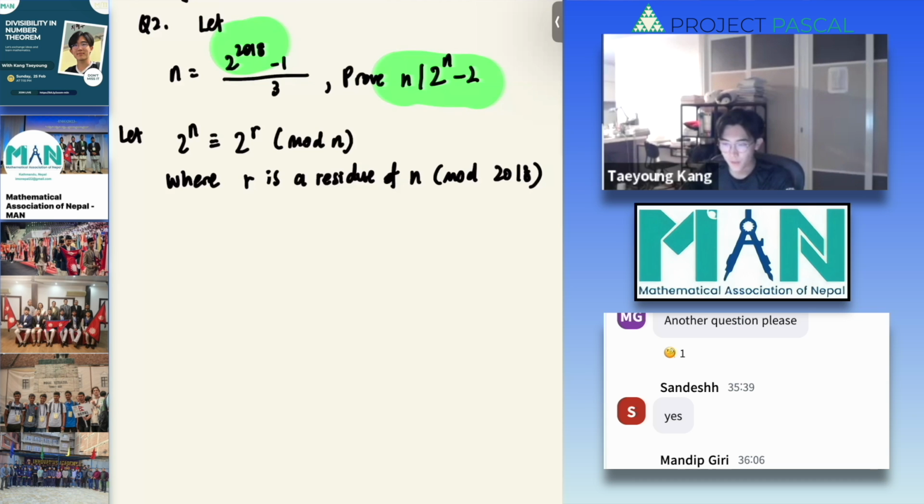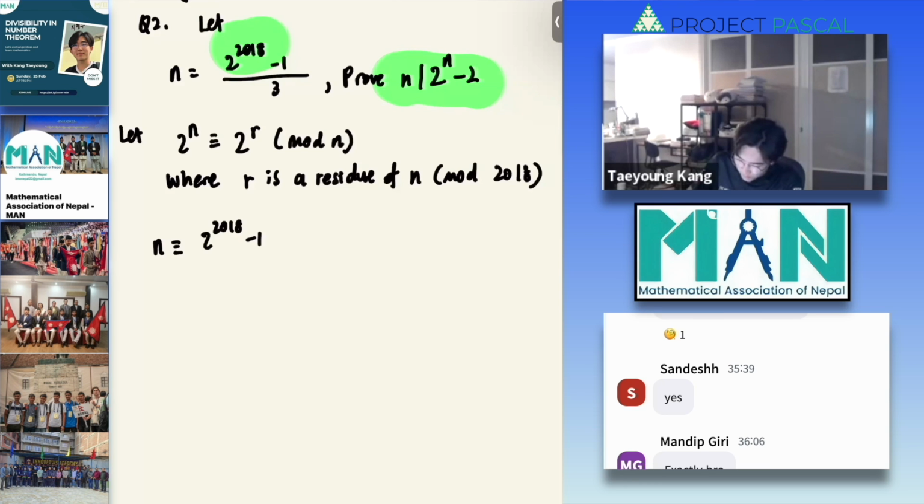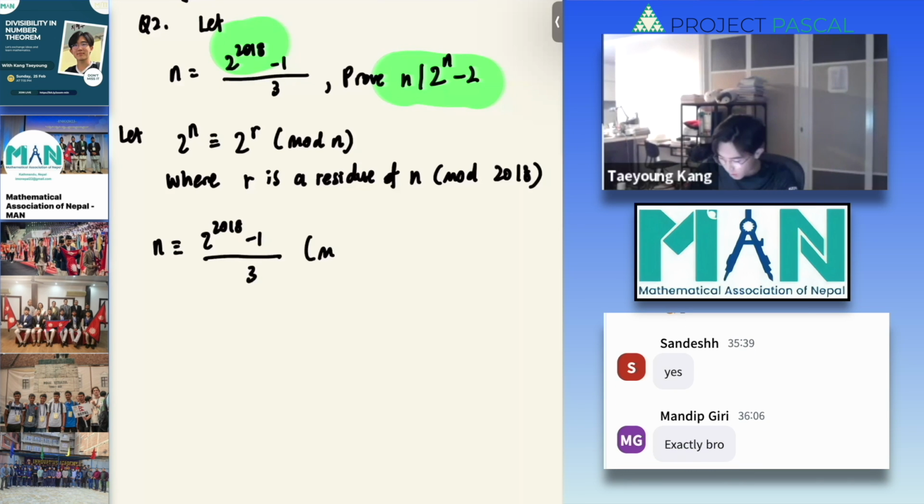So we consider n mod 1009 first, and we have n is congruent to 2 to the power of 2018 minus 1, divided by 3, mod 1009. We notice that this is congruent to 2 squared times 2 to the power of 1008 squared minus 1, divided by 3.